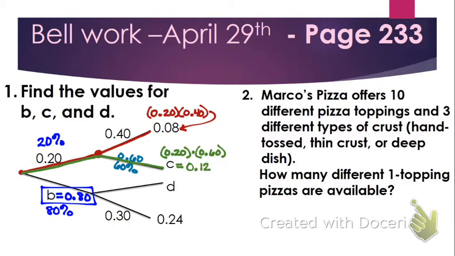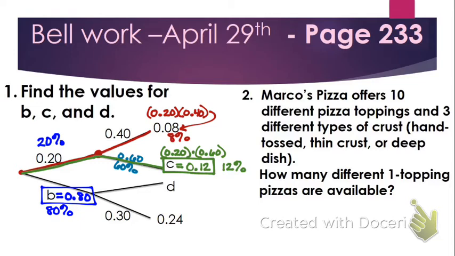So a 12% chance. This guy up here, this is the same as 8%. We still need to find what? What are we still looking for? D. We need this one.